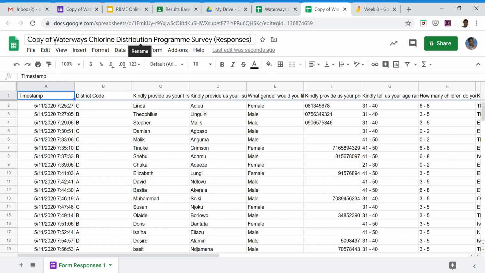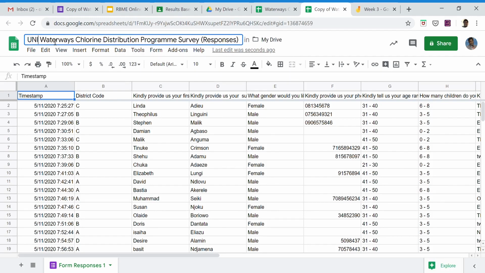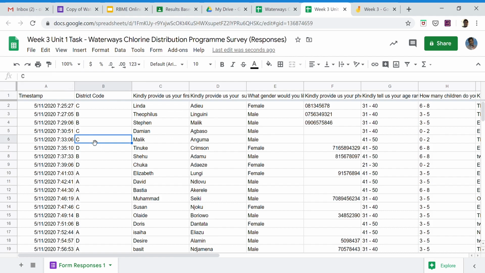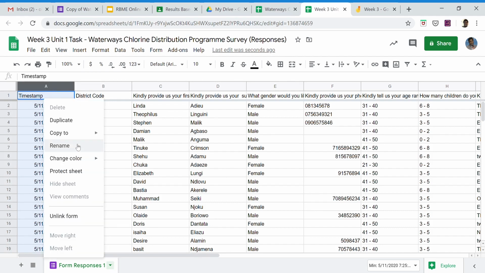So this is your unit 1. I can name this week 3, unit 1 task. Then I'll do a second copy.